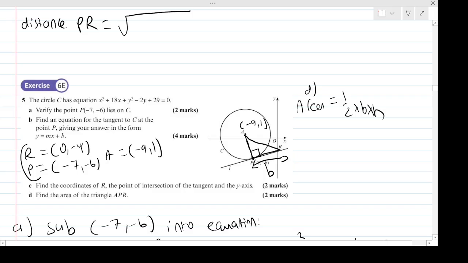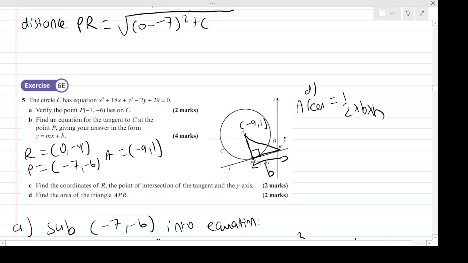So then the distance PR, between these 2 points, I can do change in x first. So 0 take away minus 7, which would be plus 7, all squared, and then add change in y.